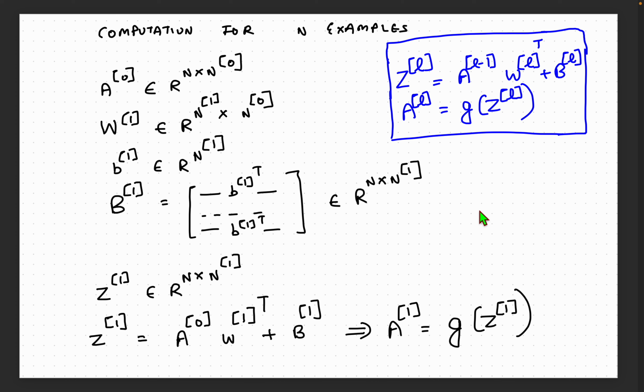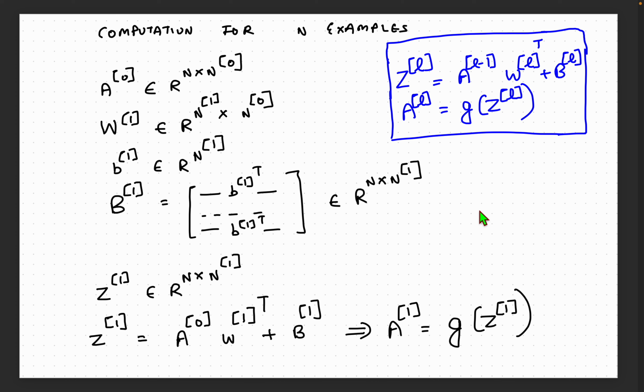Right, so let's try to work this out. The question is, in the last equation, should the W transpose come first or A0 come first? A0 has the shape n cross n superscript 0, and W1 has shape n superscript 1 by n superscript 0.